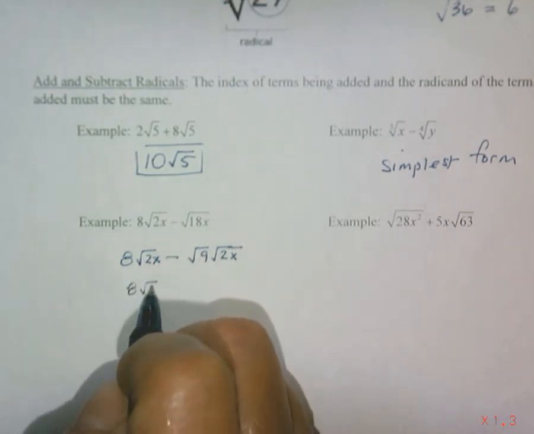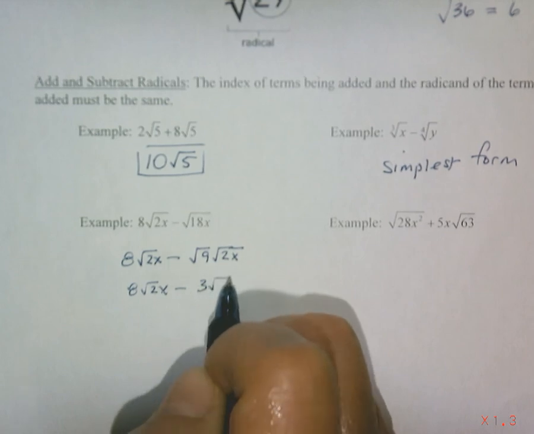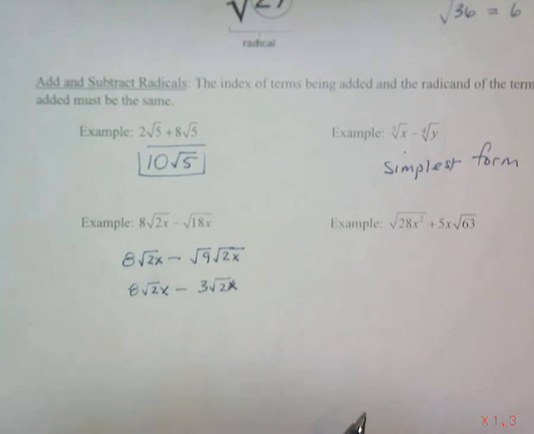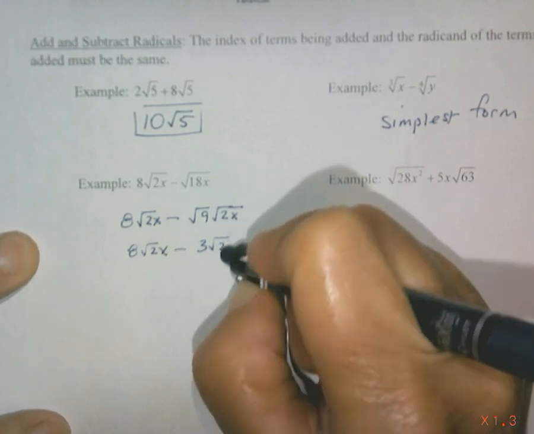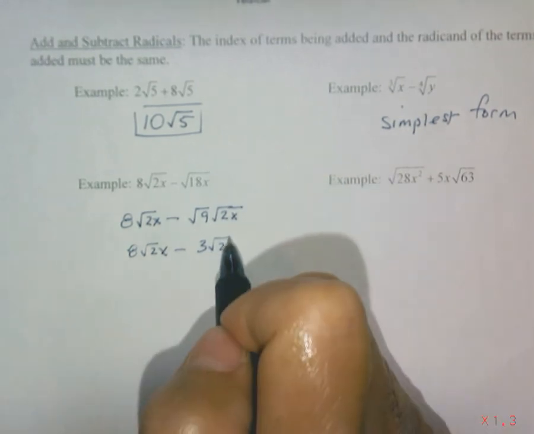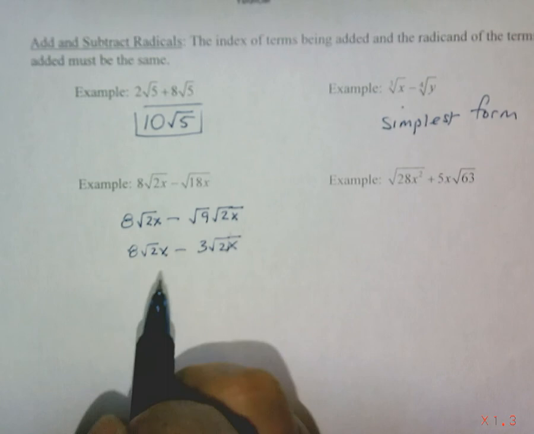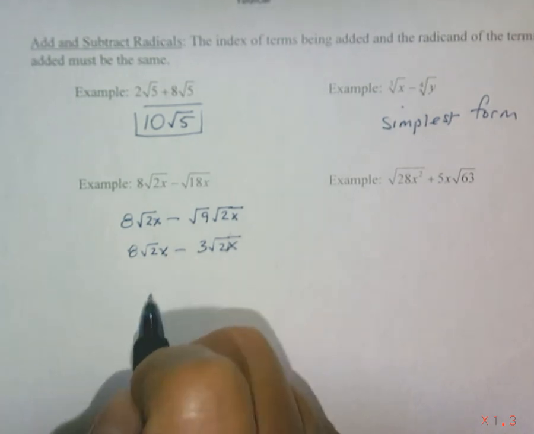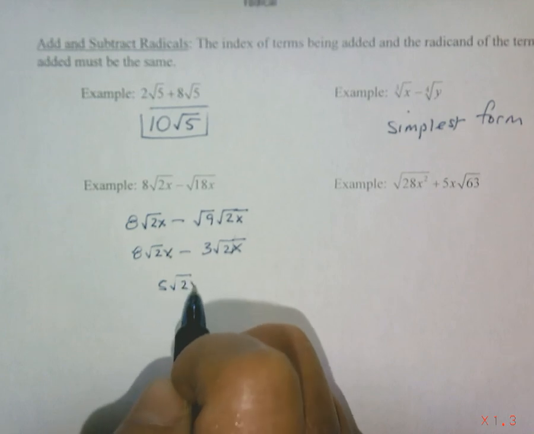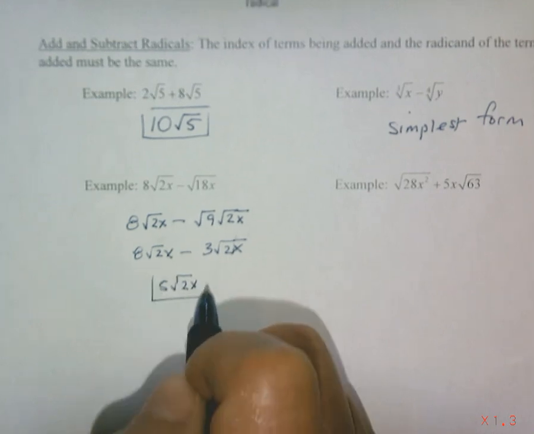So I have 8 square root of 2x minus 3 square root of 2x. So now I can go ahead and combine like terms. 8 minus 3 is 5. And the radicand is the same. So it's 5 square root of 2x.